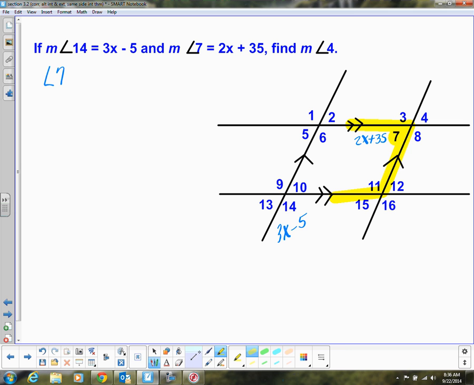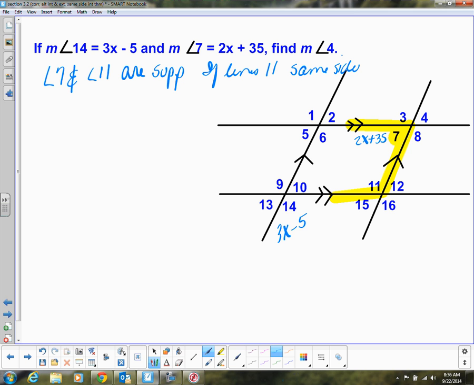They're same side interior. So we know 7 and angle 11 are what then? They're supplementary. Why? If lines parallel, same side interior angles are what? Add to 180.